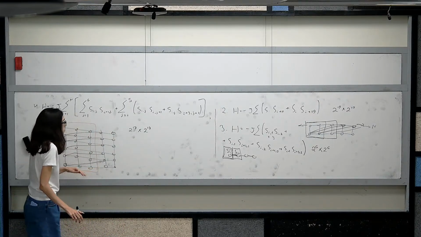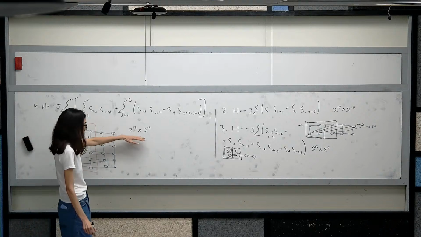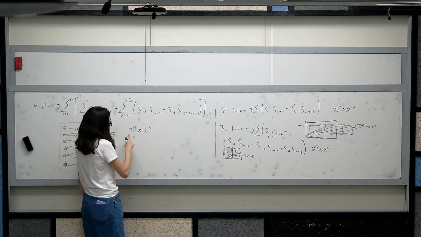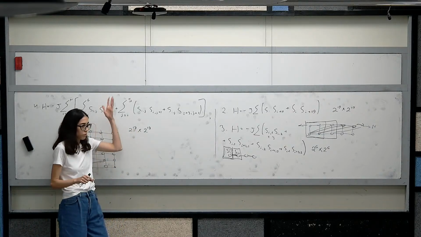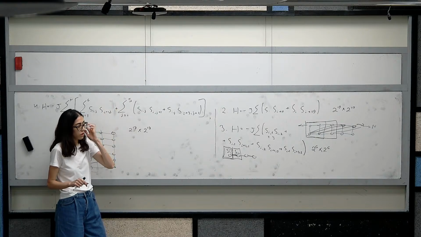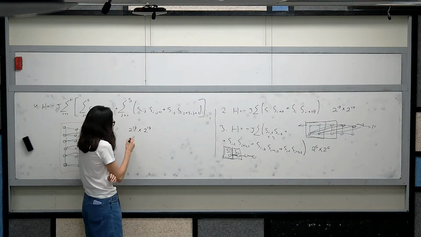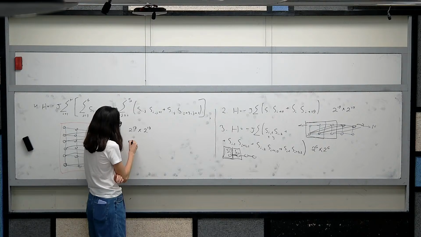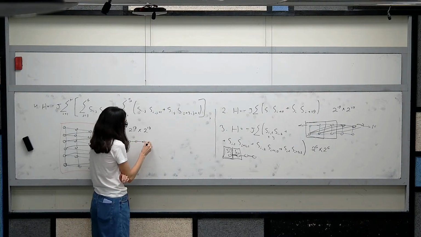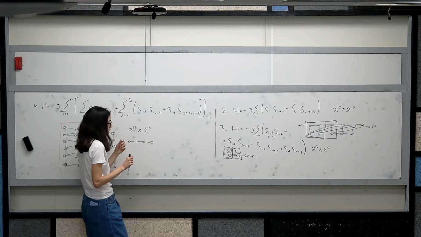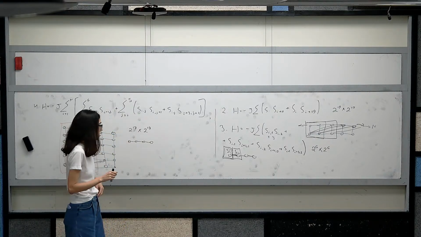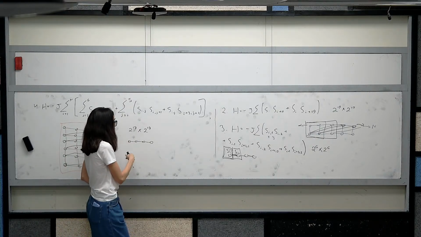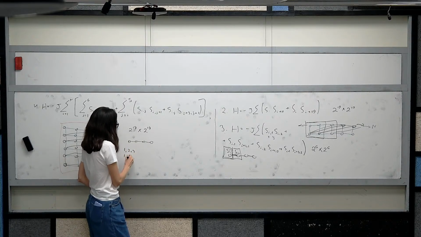Okay, so what we say here is that we have the number of possibilities for the spin to the power of the size of the block. Let's say a 1D system, and I think we did that in the tutorial, where half of the spins can be 1, 2, 3, and half of the spins can be 1, 2, 3, 4.